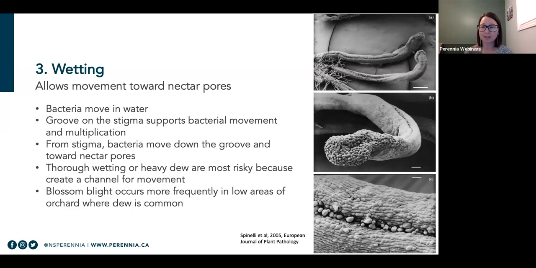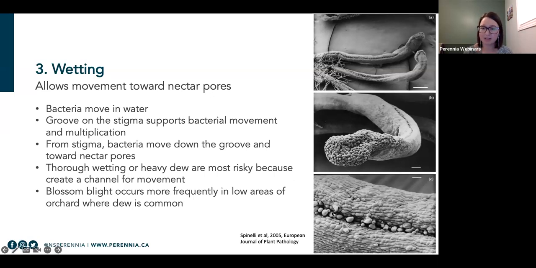So again, a really neat photo here that's been shared in research. What this photo is showing is a close-up of the stigma again. Here you can see that there's this groove that moves from the stigma towards the base of the flower. Part B here just shows that groove in closer detail.